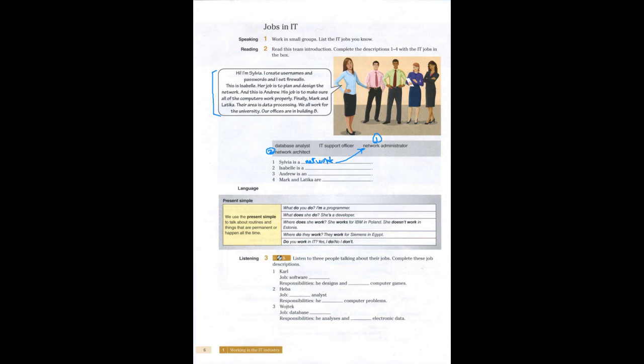Andrew is an, I think even if you don't reread the paragraph, since there is an, so you are going to start a job that starts with a vowel sound, which is IT support officer.